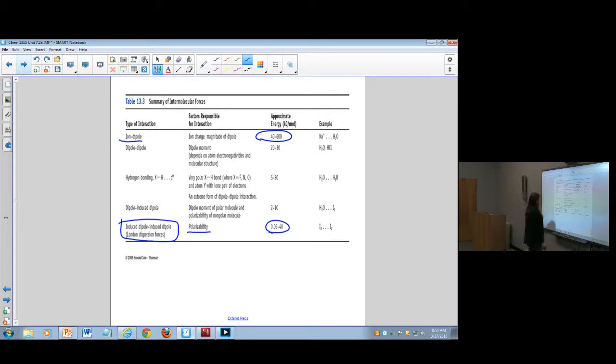So in general, ion dipole is the strongest. Dipole-dipole is a close second. Hydrogen bonding is a very strong case of a dipole-dipole. This is just a special dipole-dipole.